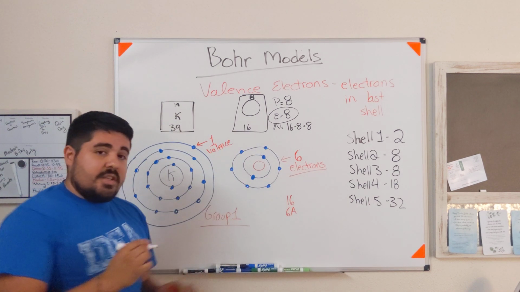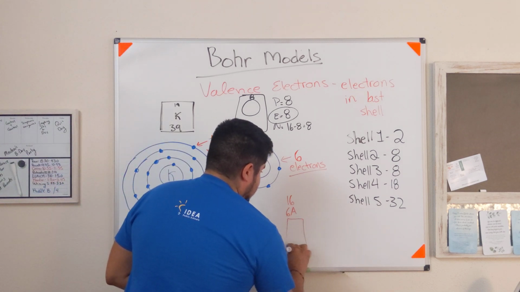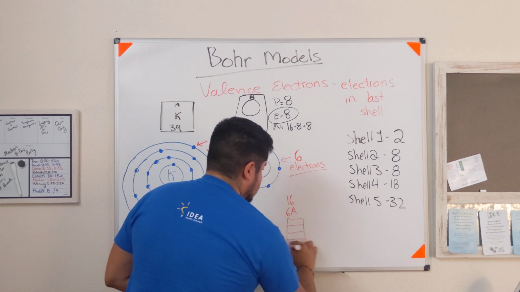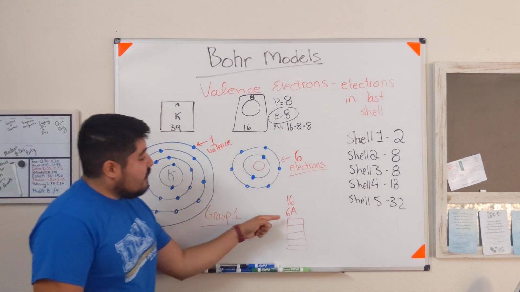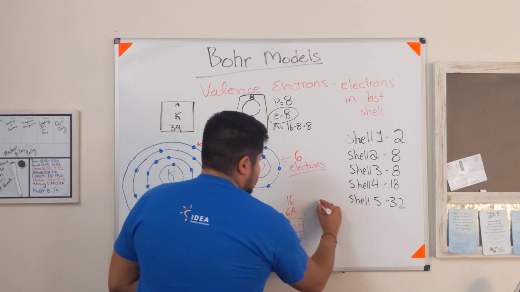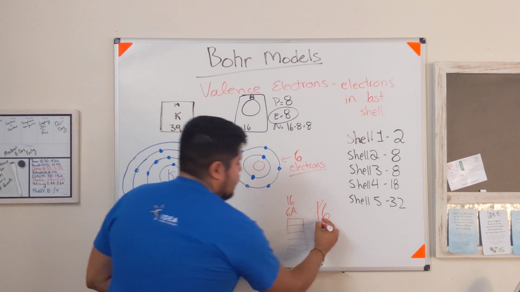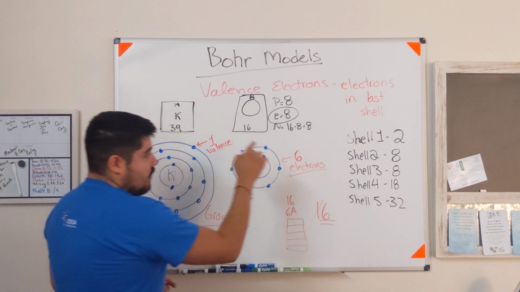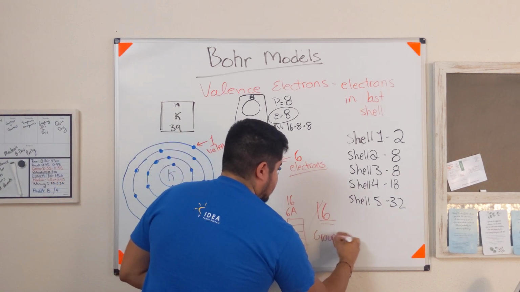That is where oxygen is located in our periodic table. There are 2 ways to figure that out. You have your 6A, 6 valence, or one trick that I taught you guys was 16, take out the 1, you have 6 valence. So oxygen is in group 16.